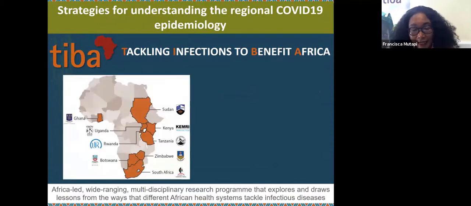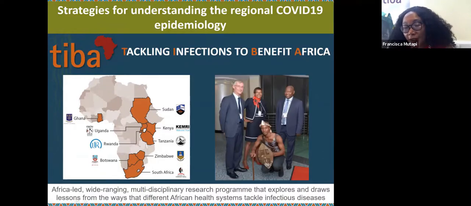We have partners in 9 African countries, and we have a leadership with a director, Professor Mark Woolhouse at the University of Edinburgh, myself and my colleague, Professor Moses Chimbari at UKZN as his deputy co-directors. And the 3 of us work together with our colleagues in the 9 African countries who are shown here.